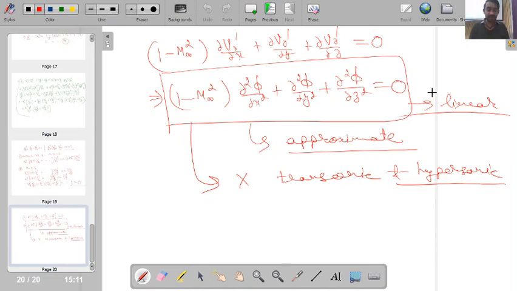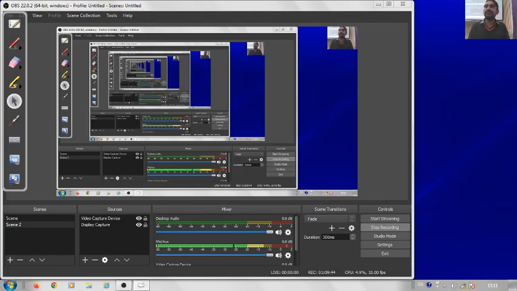And another important point is, this is applicable only for subsonic and supersonic flows. So this cannot be applied for transonic and hypersonic flows. Okay, and ultimately we found that the physical nature of the hypersonic and transonic flows is such that it will not lead to mathematical linearity.